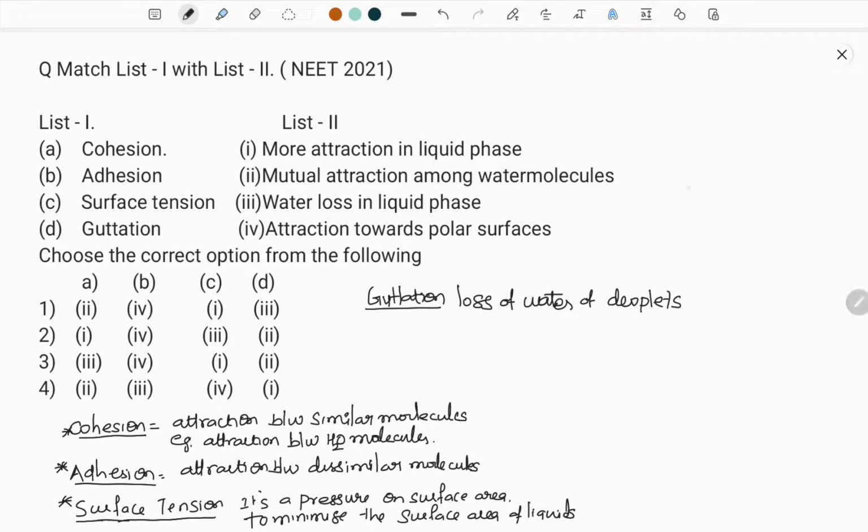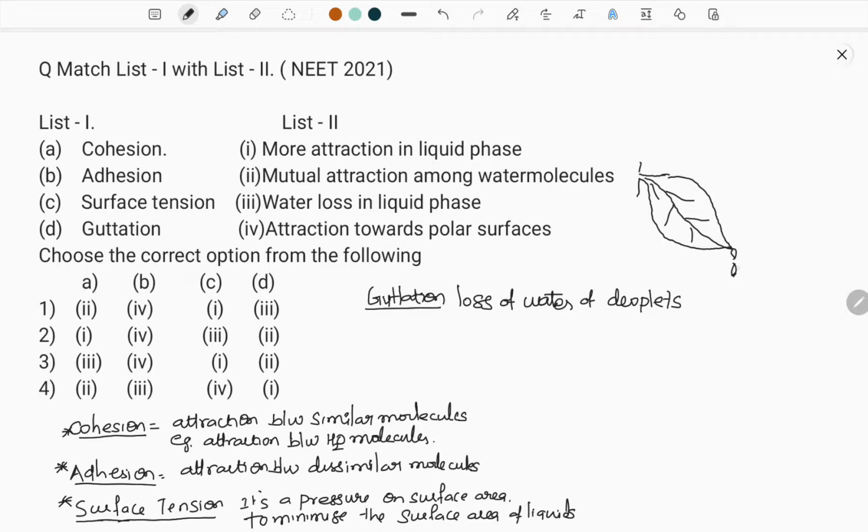If you see during the winter season, especially during the transition from winter to summer, in the early morning, just at dawn, grass blades or some plants like pothos, tropaeolum, lycopersicon, colocasia, water oozes from the tip of the leaf in the form of droplets. This phenomenon, loss of water in the form of droplets from the tip of leaves, is called guttation.